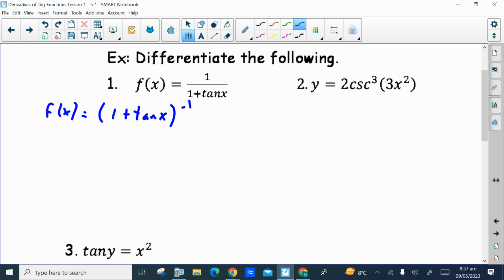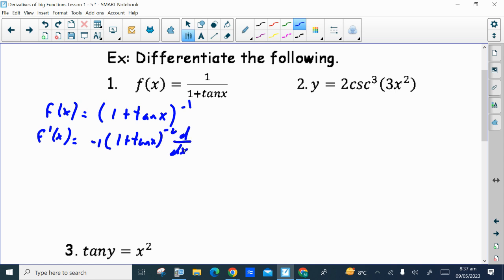And then we can differentiate using the chain rule, which tells us that we're going to bring the exponent in front as a coefficient. The power decreases by 1.